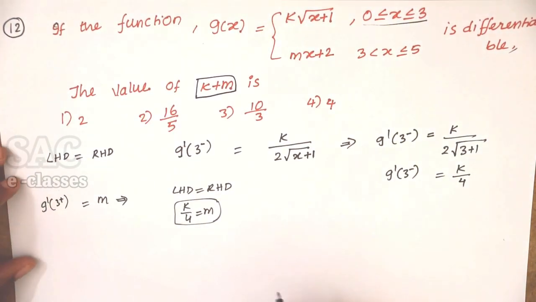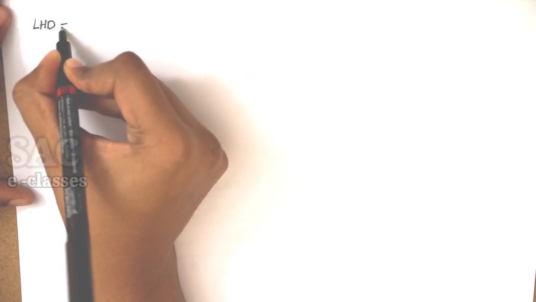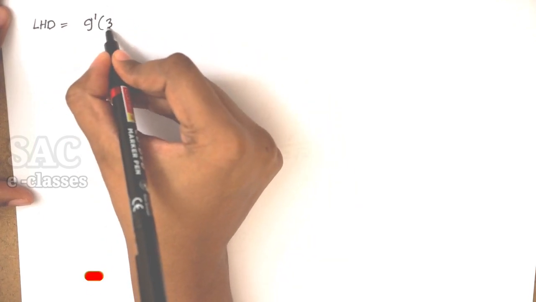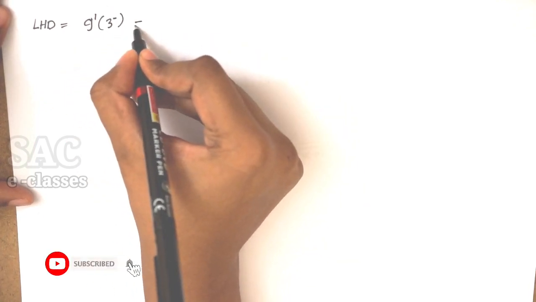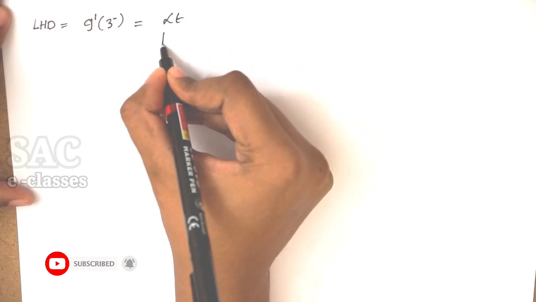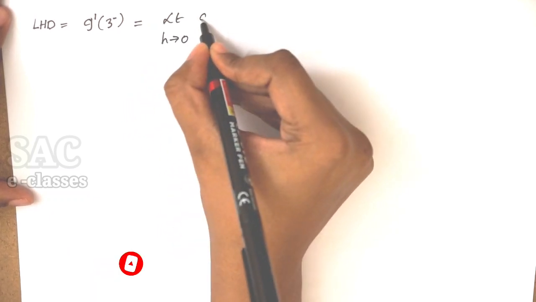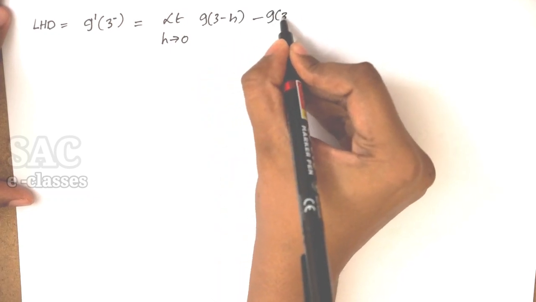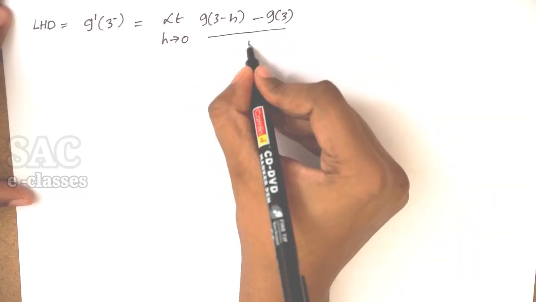That is why, let me take LHD now. We know that g dash of 3 minus is equal to limit h tends to 0 of g of 3 minus h minus g of 3 by h.